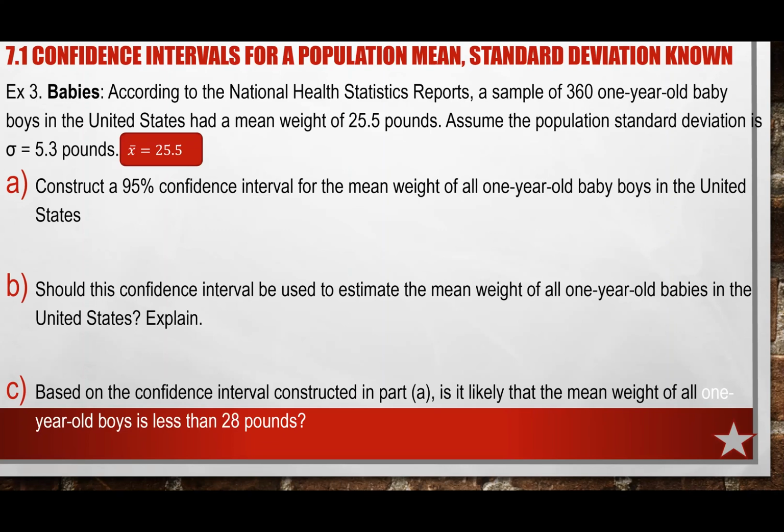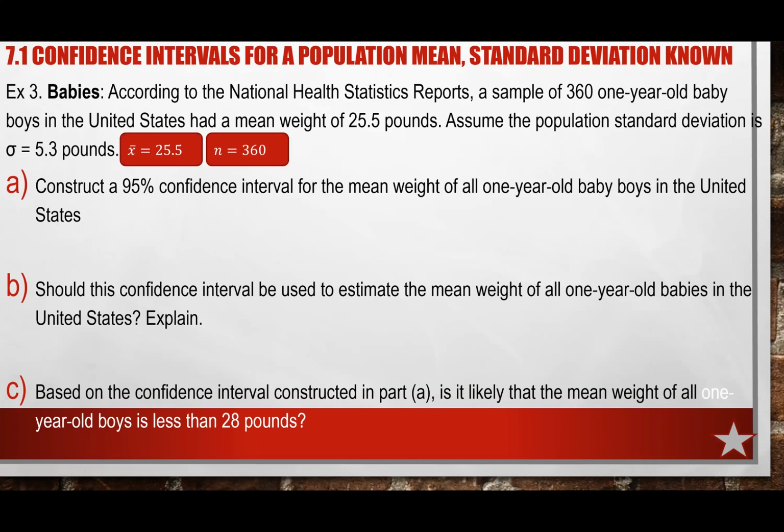The 25.5 is the mean of these 360 1-year-old baby boys, and that is my n, the 360 1-year-old baby boys, I have 360 of them, right? So looking at this thing here, those are the 2 things we need.